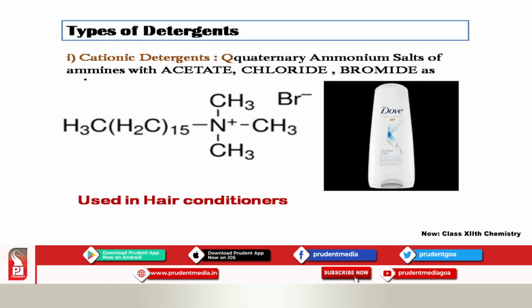Now this is nothing but an ammonium derivative, just like NH4 plus, so it's called quaternary ammonium salt, quaternary because it is a derivative of amines. N has a plus sign here, and this anion remains outside. This can be bromide, chloride, acetate. These find use in hair conditioners.